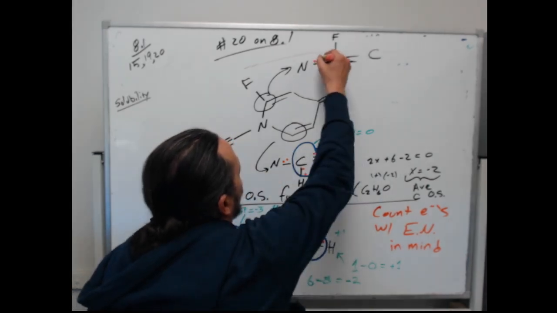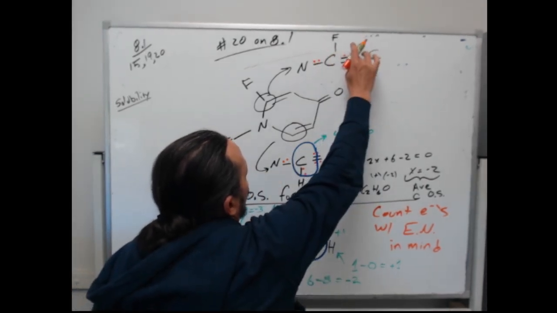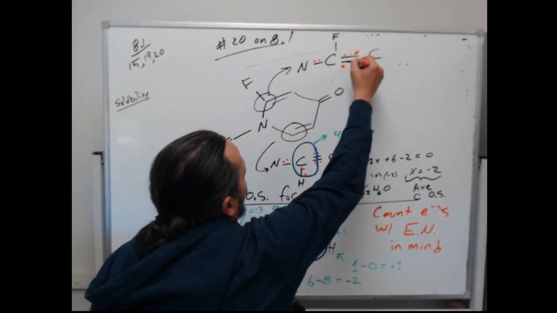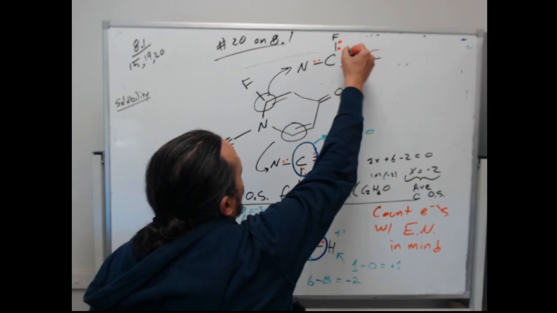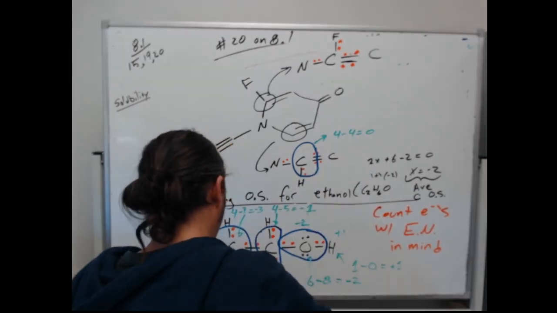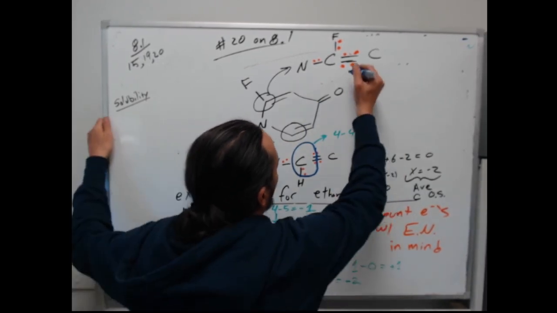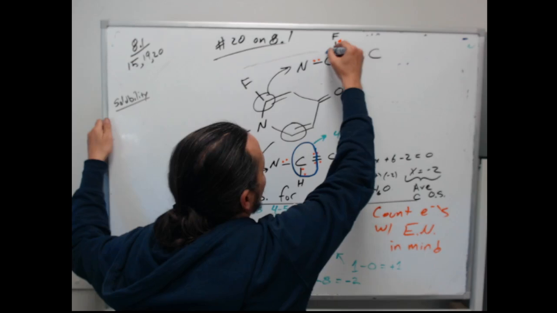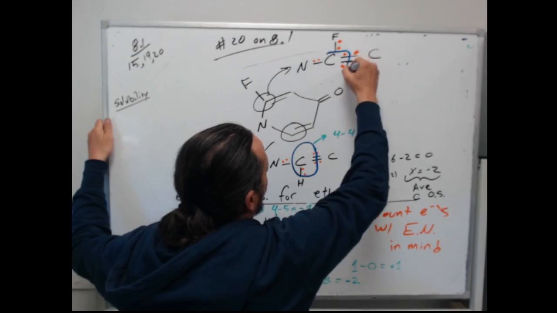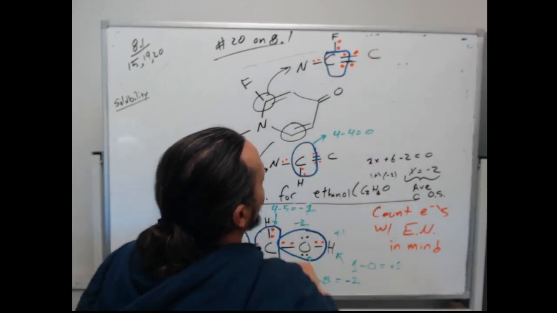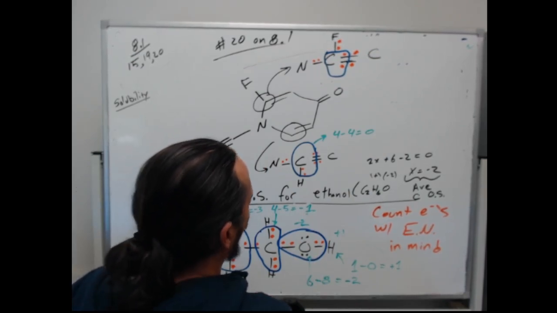And same thing again. Taking electronegativity into account, fluorine is going to take both of those electrons. Carbon's going to share 2 electrons with that other carbon. Nitrogen's going to take both of those.